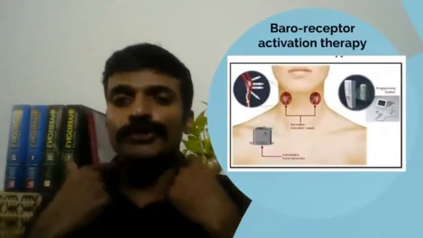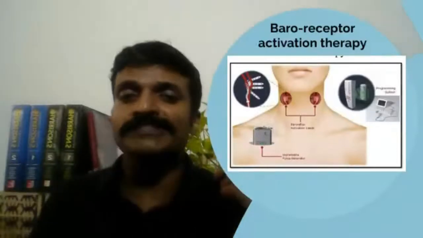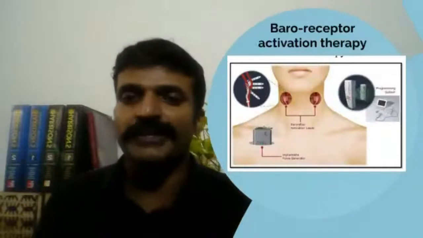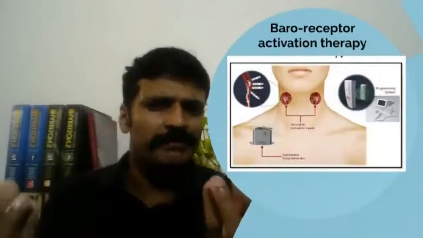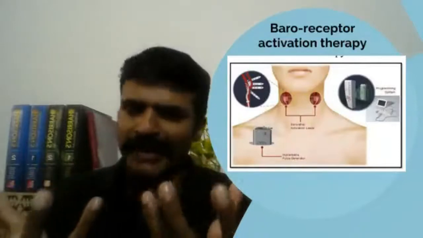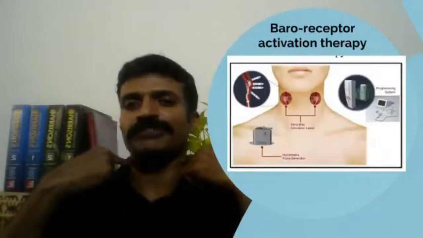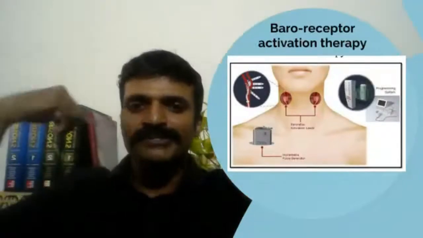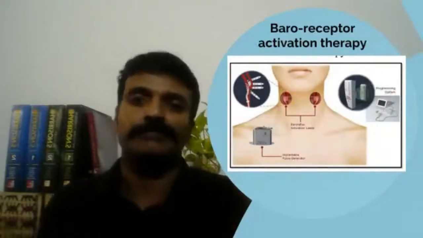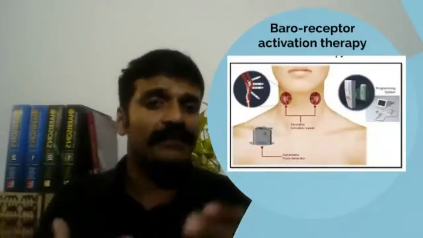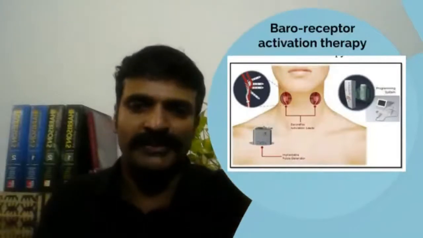This is where you have electrodes implanted in the carotid baroreceptor, and regular pulses from an electrical device will basically activate your baroreceptors. You know that normally the baroreceptors are activated by high pressure. Here, the electrical stimulus activates the carotid baroreceptor. It tells the brain, it tells the vagus to slow down the heart and also produce vasodilation, reducing the blood pressure. So there are studies that have now tried this and have shown a good amount of reduction.